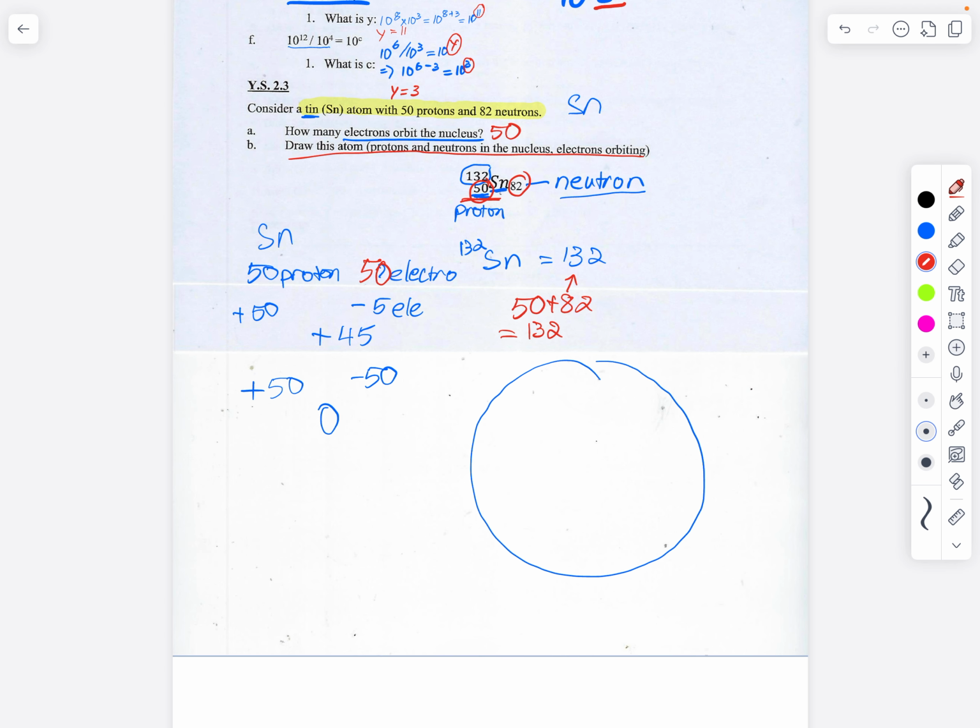And then you can write plus 50 protons, and then 82 neutrons, and on the outside you can write 50 electrons. You don't have to write negative. Actually, just keep it like that. He would know what it means. He would know how you derived that answer.